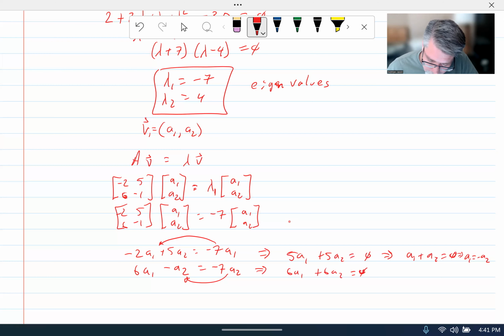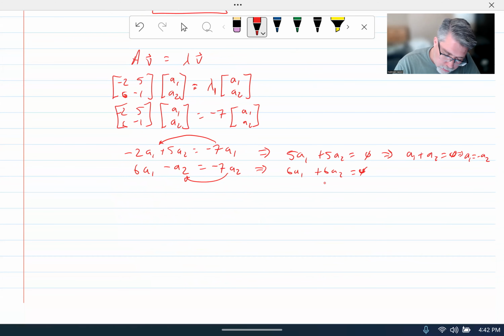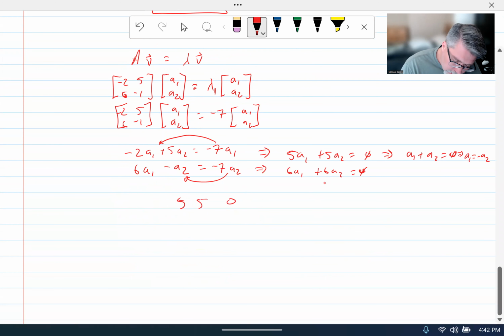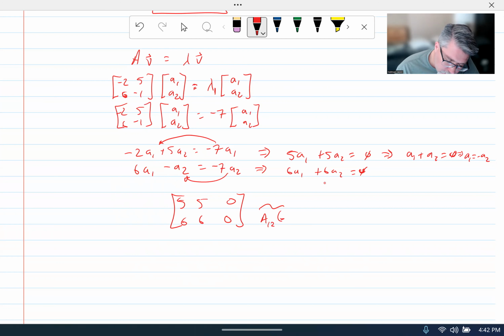If we were to put this as an augmented matrix, I would get 5, 5, 0, 6, 6, 0, and in one step, adding negative 6/5 times row 1 to row 2, I would end up with 5, 5, 0 and 0, 0, 0.